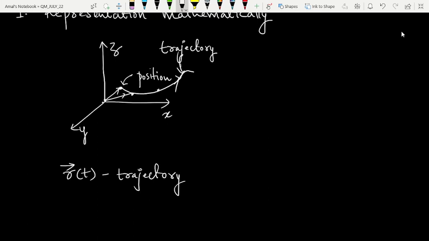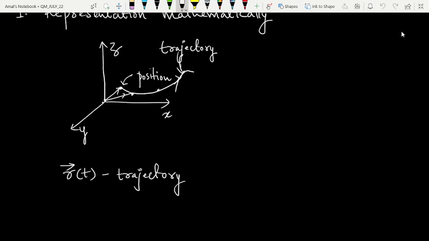But later we realized that this change of position with respect to time is not as important as we initially assumed, but the more important quantity is the second derivative of position with respect to time, that is, the change of velocity with respect to time.